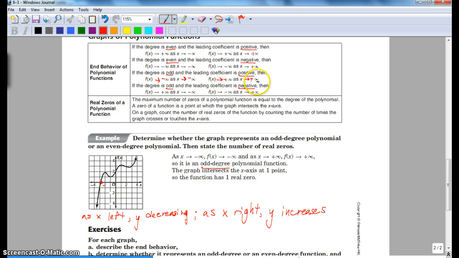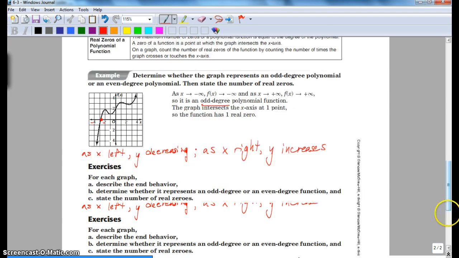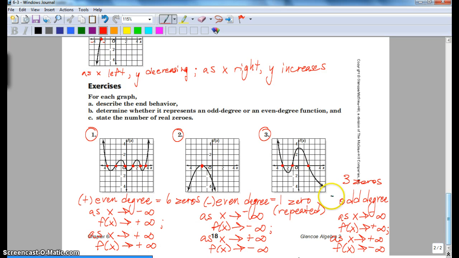As x goes to the right, f of x goes up. Okay, so it doesn't appear that our graph is doing that. As a matter of fact, it's not. It's doing this. As x goes left, f of x goes up. As x goes right, f of x goes down. So that technically speaks to our graph. Yes, this is therefore a negative odd function. So we'll put a negative here, and there we go.